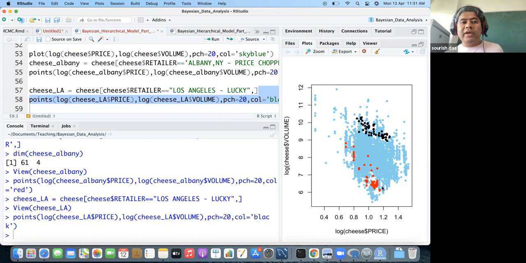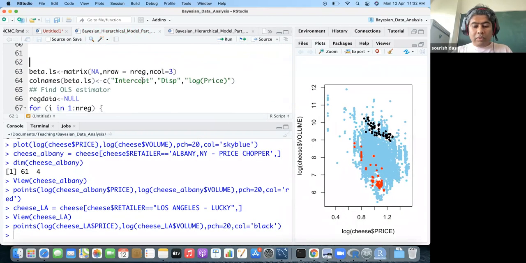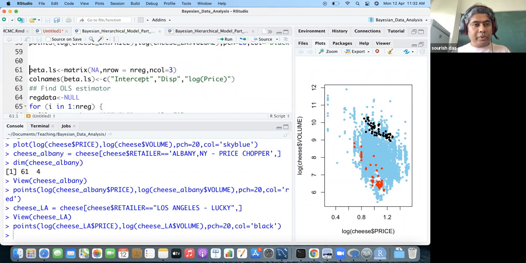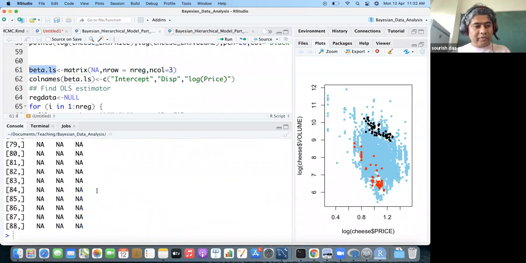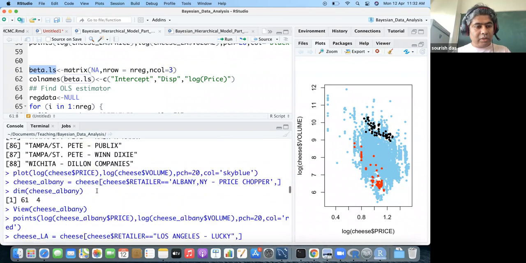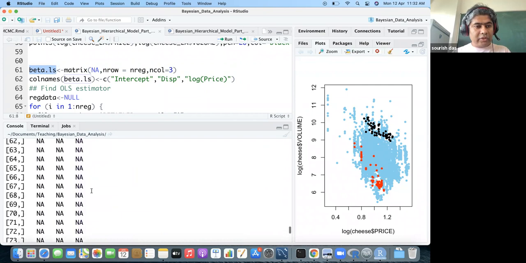So that is where the whole story of the hierarchical regression model comes in. We don't want to ignore the bigger picture. If you want just a brute force separate model, what you can do is create a matrix, here I have created one, of 88 rows and 3 columns.